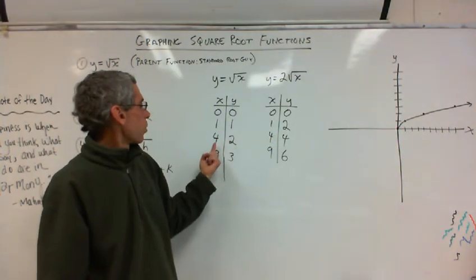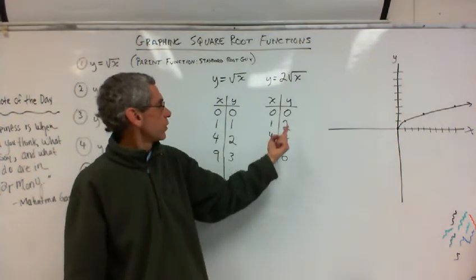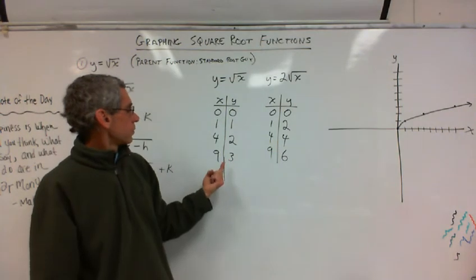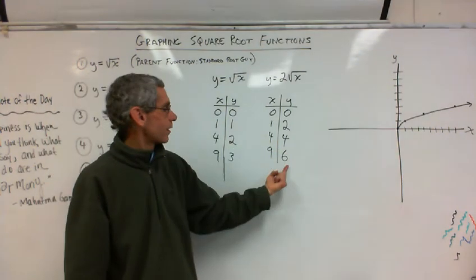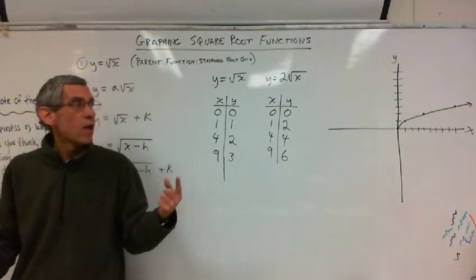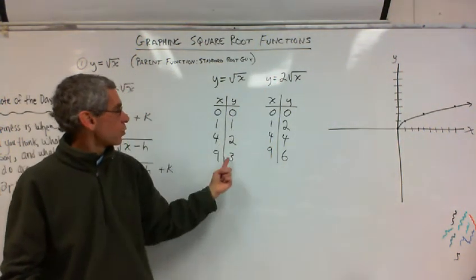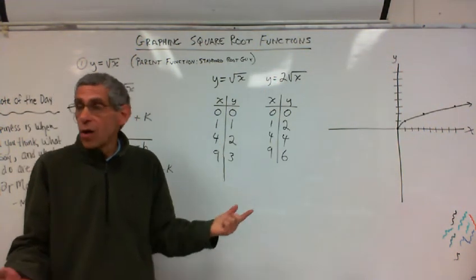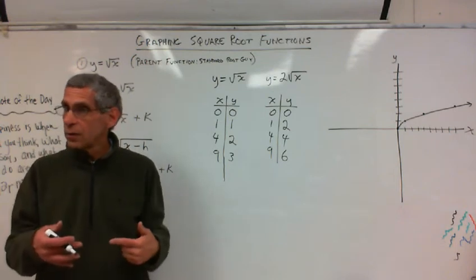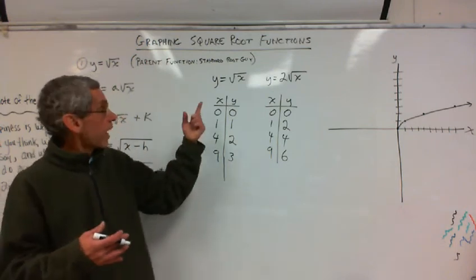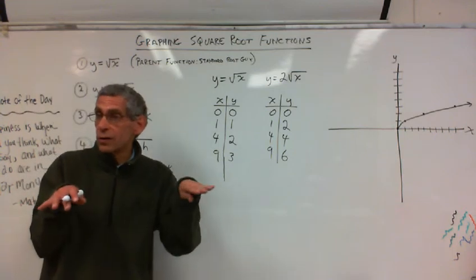Over 4 up 2 times 2, which is 4. Over 9 up 3 times 2, which is 6, right? You're just multiplying that number times the y's to get a new y. And all it's going to do is make it taller, right? Unless it was a fraction, because a fraction is going to make it shallower, shorter.